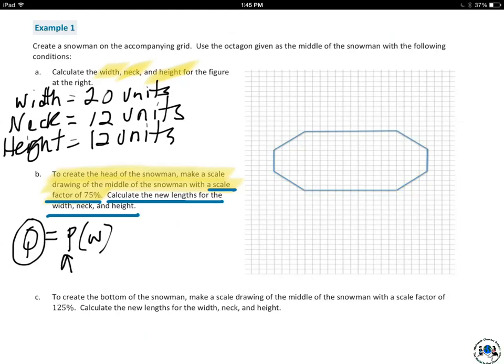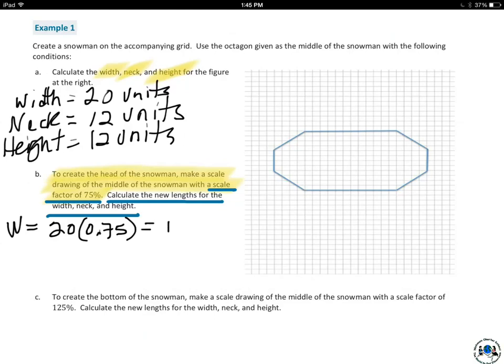In this case, that percentage is going to be the scale factor times the whole, or the original, which is that middle octagon. So yeah, we are applying our handy-dandy Q equals P times W. And if you do that, life becomes so much easier. So let's go ahead and do just that.